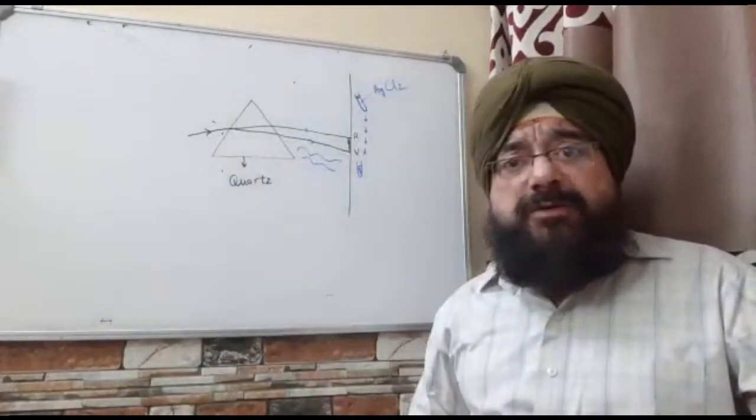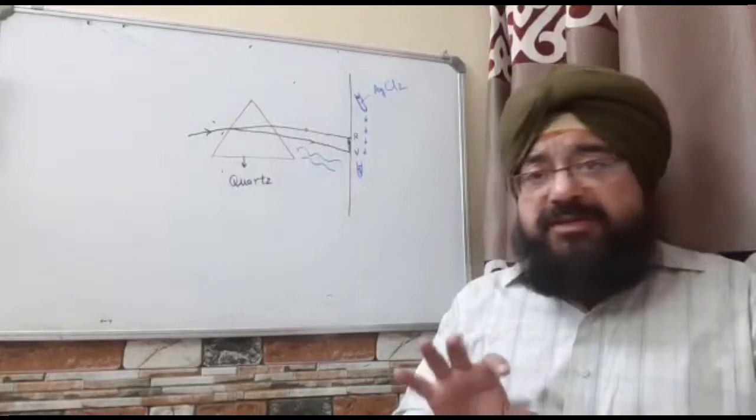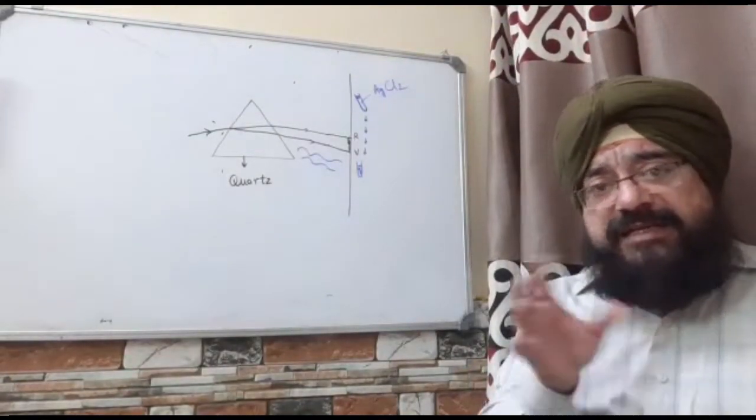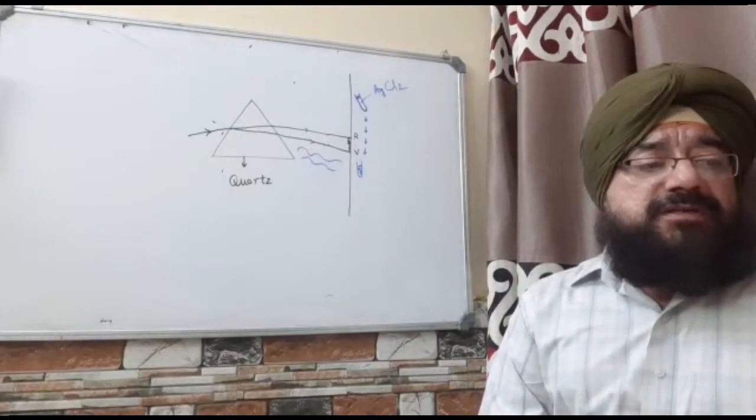And still you will find no change. If you move it in this direction, you will see that still there will be no change in the color or the appearance of this transparent silver chloride solution.